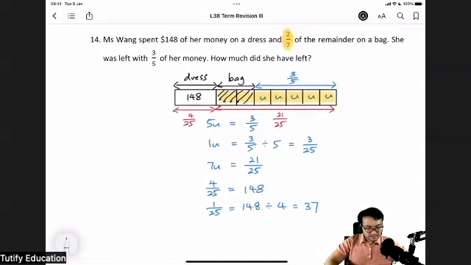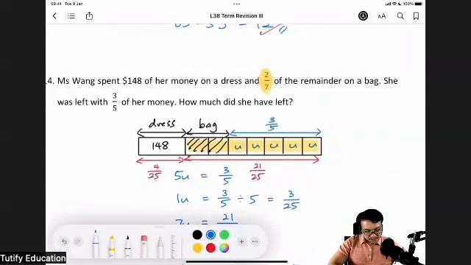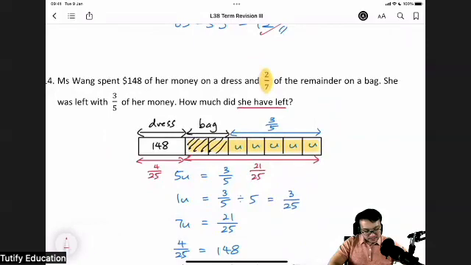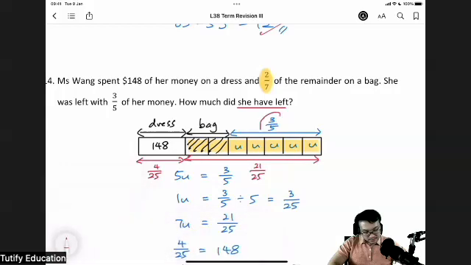37 times 15. Oh, 15. How do you know it's 15? 3 out of 5 times 5. Well done, well done. Students, the question is asking you, how much money did she have left? And it is quite easy to see that this is the amount of money that she has left.